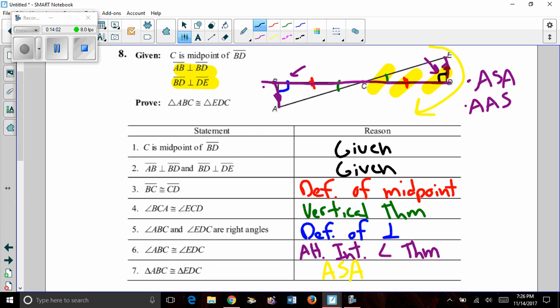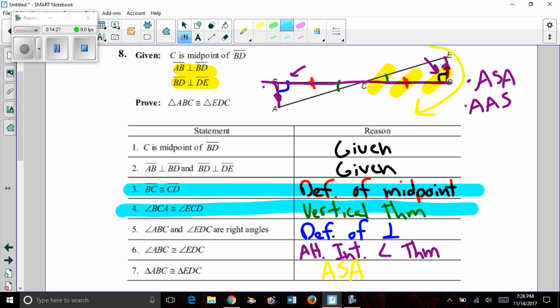So, important pieces are, of all of our main tricks we've talked about, what about parallel lines? We have talked about what happens when they share a side, because that's going to be an important piece. And another piece that's going to be important is the midpoint and the vertical angle theorem.